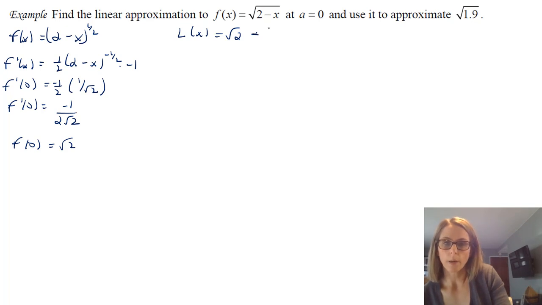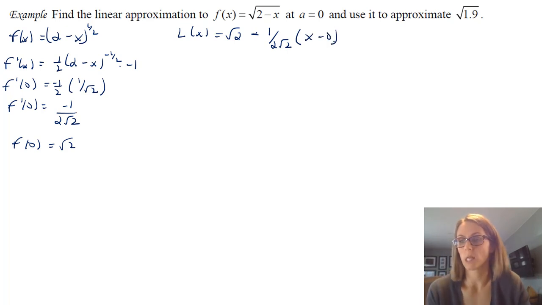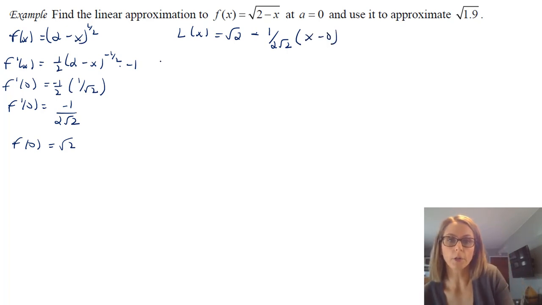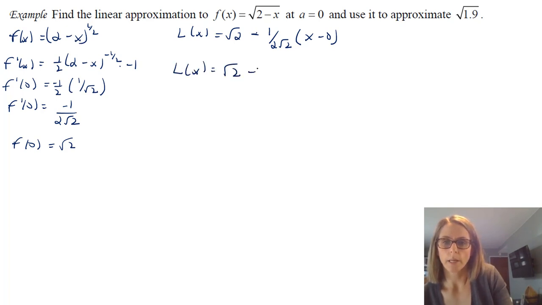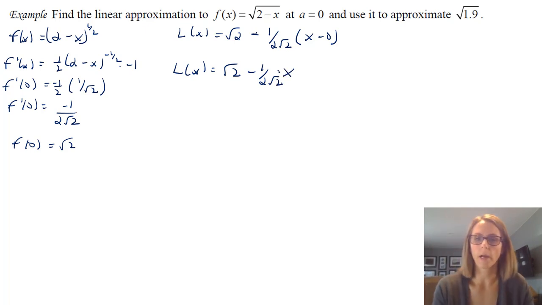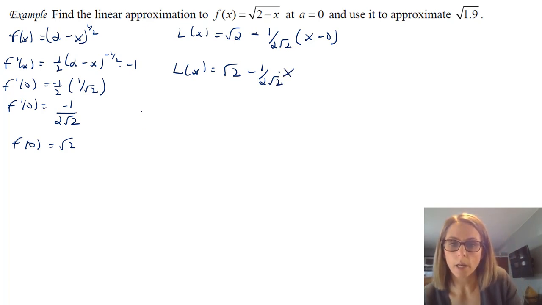Slope's negative, so I'll write a minus, but you could do plus negative, that's fine. And then x minus 0. And that's going to give us the square root of 2 minus 1 over 2 root 2 times x. So we don't have another value there, so that's kind of nice.